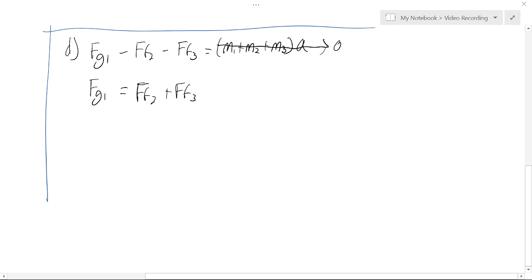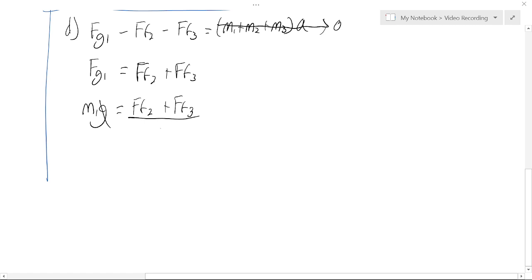It won't move. So we get M1G equals Ff2 plus Ff3. And divide both sides by G. We get M1 for the system to not move because the forces are balanced.